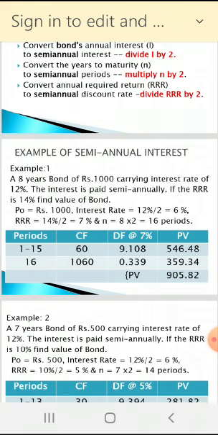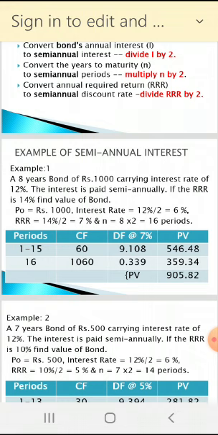Now see here what we are doing. First of all we write the data, whatever data is given to us in this particular example. P0, the price of the bond today, is equal to rupees 1000. Done. Interest rate 12%, which we have to divide by 2. See above, it is given that the interest rate should be divided by 2, which is equal to 6%.